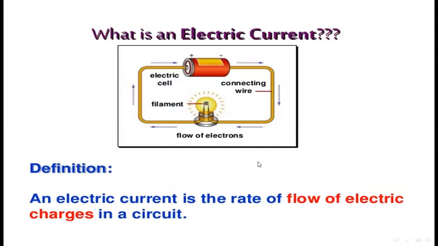What is an electric current? The definition of electric current is that an electric current is the rate of flow of electric charges in a circuit. Electric charges means proton and electron. So an electric current is the rate of flow of electric charges in a circuit.